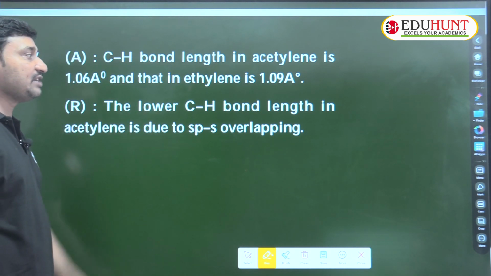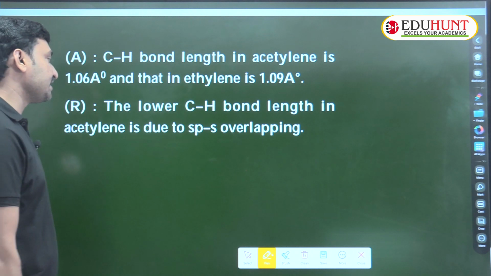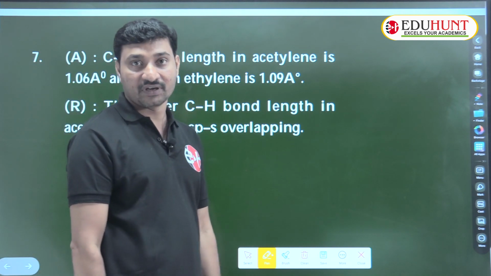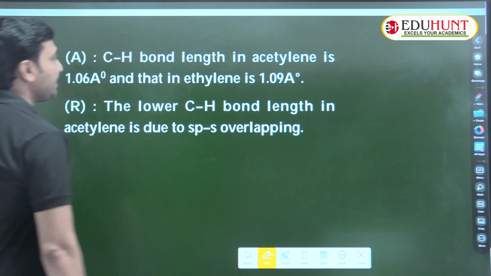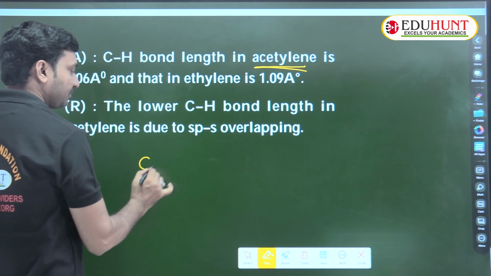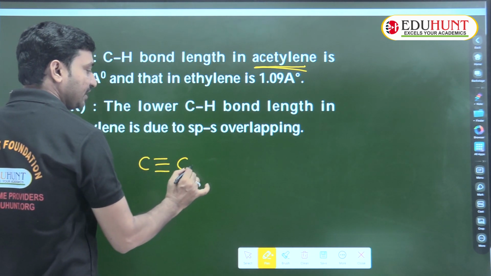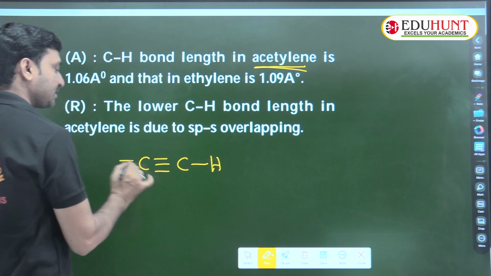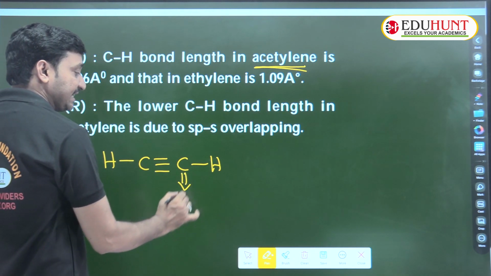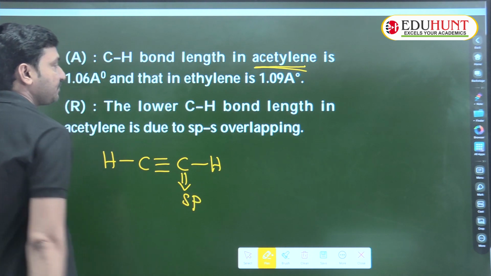The lower C-H bond length in acetylene is due to sp-s overlapping, right? Acetylene is nothing but ethine, right? This is the structure of ethine, acetylene. Here carbon is sp hybridized.